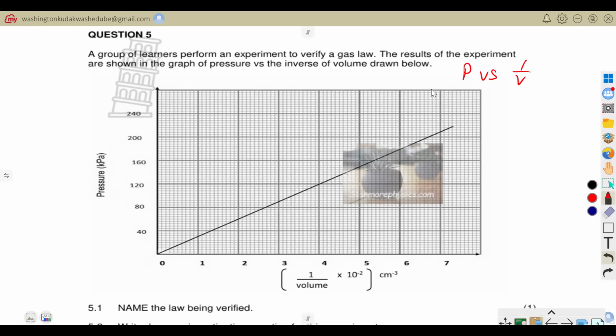We know that the law that is being verified, where pressure varies inversely proportional to the gas volume, is just Boyle's law. That is the name of the law that is being verified.